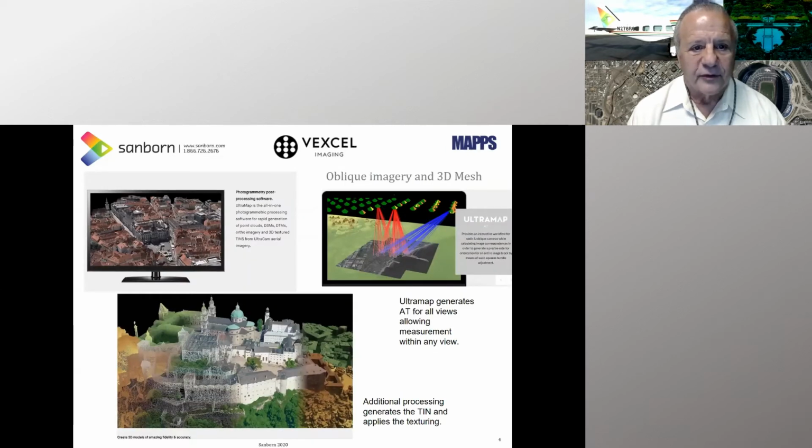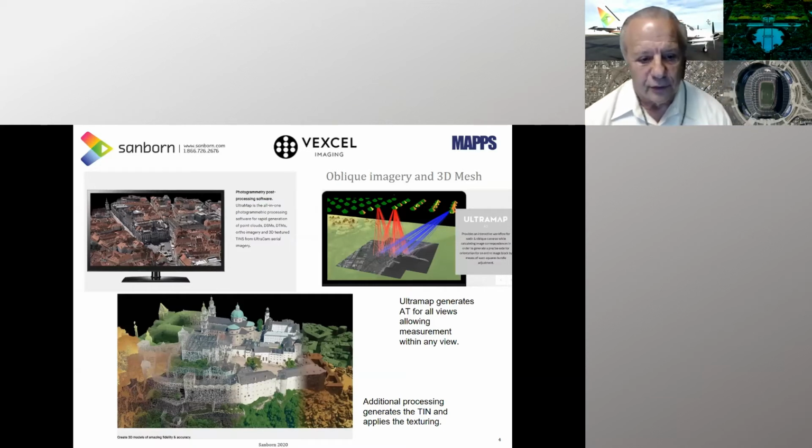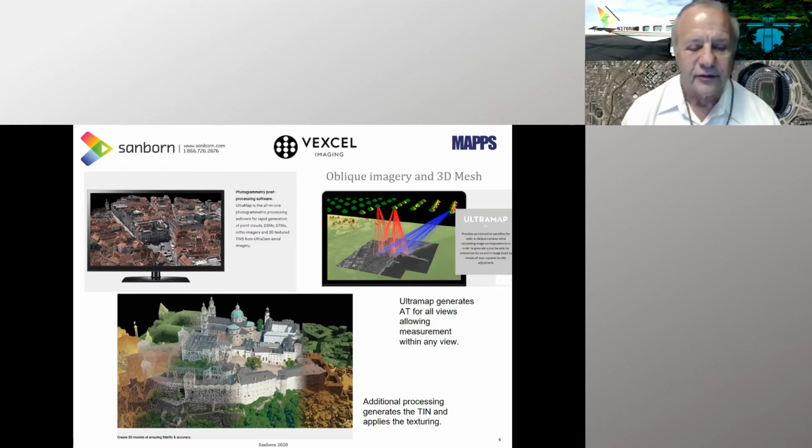What we've been focused on is using oblique data for our customers, primarily in two modes. One is the traditional oblique imaging that many of the tax assessors and other asset managers use. And the second is in the 3D world.